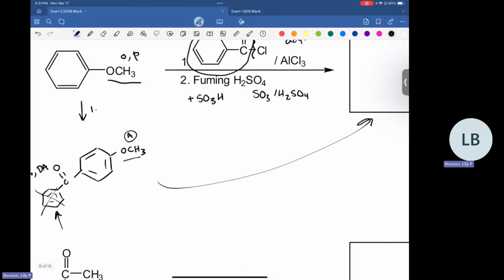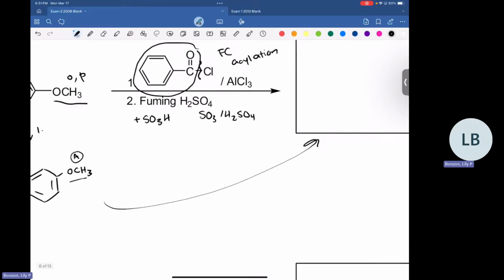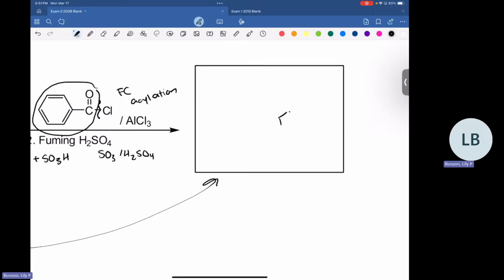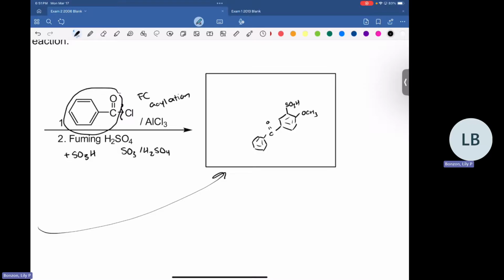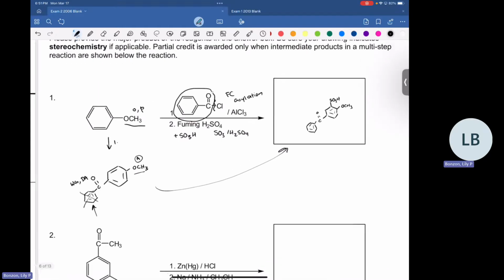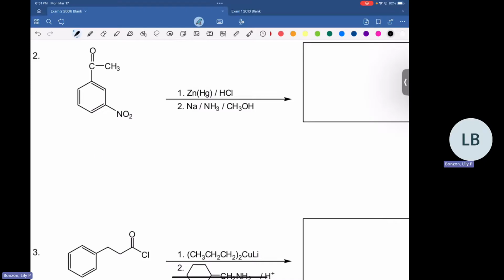Our para position is already taken, so we're just going to put this sulfate group ortho to that OCH3. Okay, so then that would be your final product. Questions on that one? Okay, moving on to our next reaction.